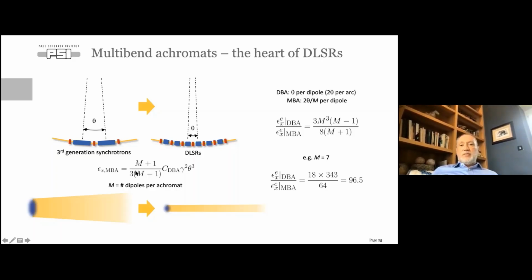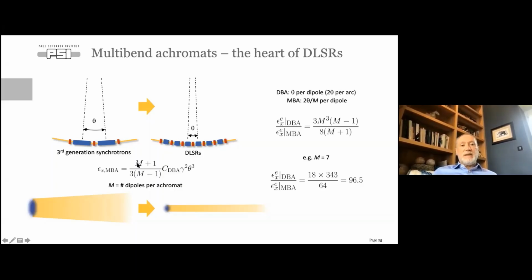Now, it emerges that the electron emittance of a multi-bend achromat is given by m+1, where m is the number of dipoles in the arc, divided by 3m-1, multiplied by a certain constant called the double bend achromat constant, and then these two parameters, gamma squared, where gamma is proportional to the storage ring energy, and most importantly, it's dependent on the cube of the angle subtended by a single dipole.